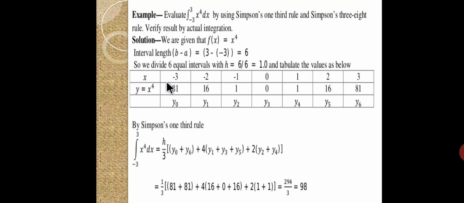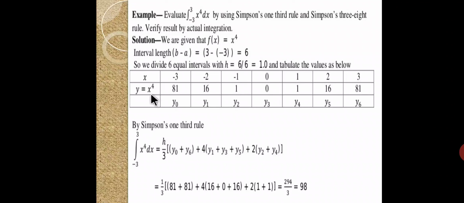For x, the initial value is minus 3. For the next values: minus 3 plus 1 is minus 2, minus 1, 0, 1, 2, 3.